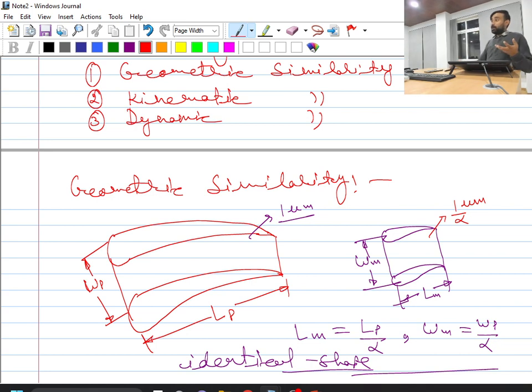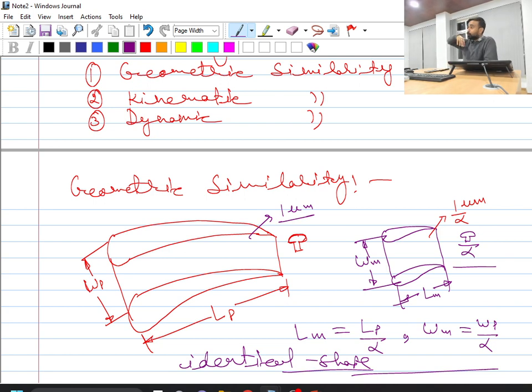Okay. Now let's consider that in your model you have used some rivet to join some plates on the airfoil body. When you are considering the size of this rivet on the prototype, if you use a corresponding rivet on a model, this size should also be scaled with alpha. Is this point clear?